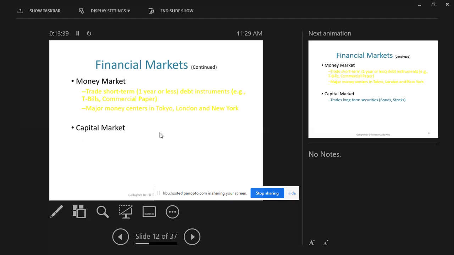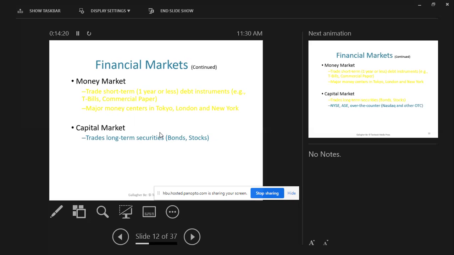Compared to money markets, we have the capital market. The capital market is long term, which trades long-term securities. So we call them the capital market. Namely, the capital market includes bonds and stocks. You could invest in either bonds or stocks, or do a portfolio investment in both.